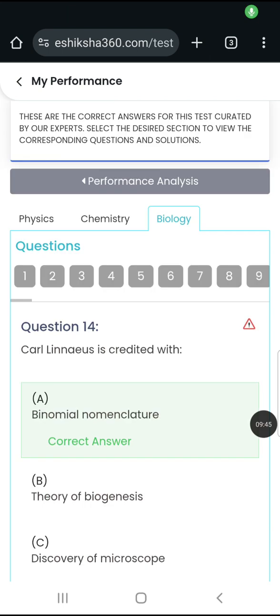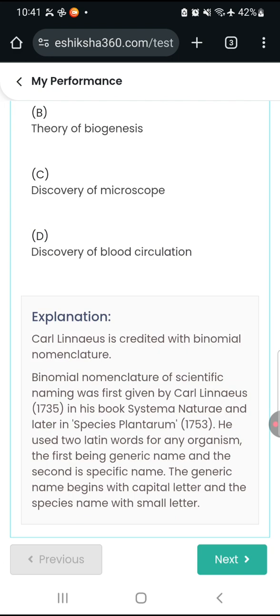Question number 14. Carl Linnaeus is credited with? Answer: binomial nomenclature. Explanation. Carl Linnaeus is credited with binomial nomenclature. Binomial nomenclature or scientific naming was first given by Carolus Linnaeus in 1735 in his book Systema Naturae, and later in Species Plantarum in 1753.